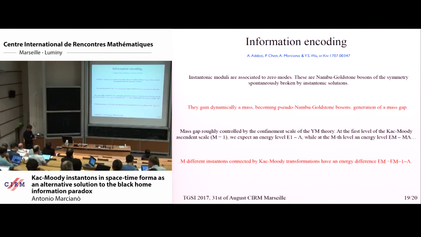But then the state is encoded in this imprinting of information in these charges.